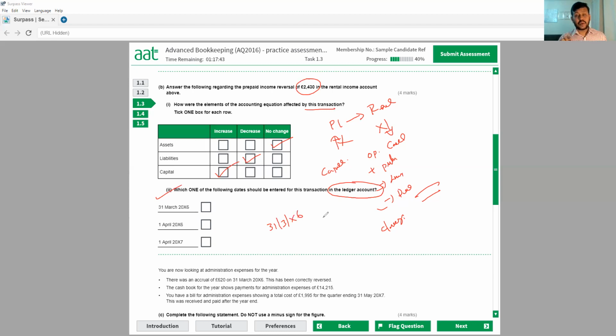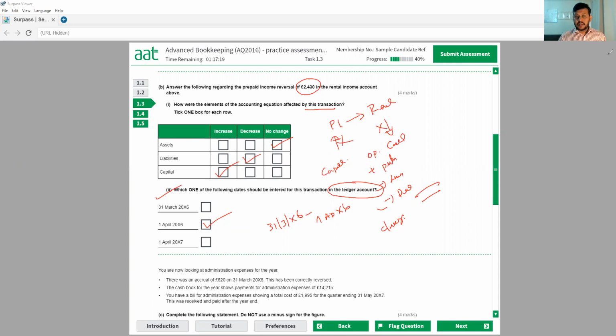So the reversal date will be the first day of the next year. So my new year will start 1st of April 2016. So this will be my reversal date. So when my year is ended, the next day is my reversal date. So that will be 1st of April 2016, because this reversal is for the last year, not for this year. Remember that.